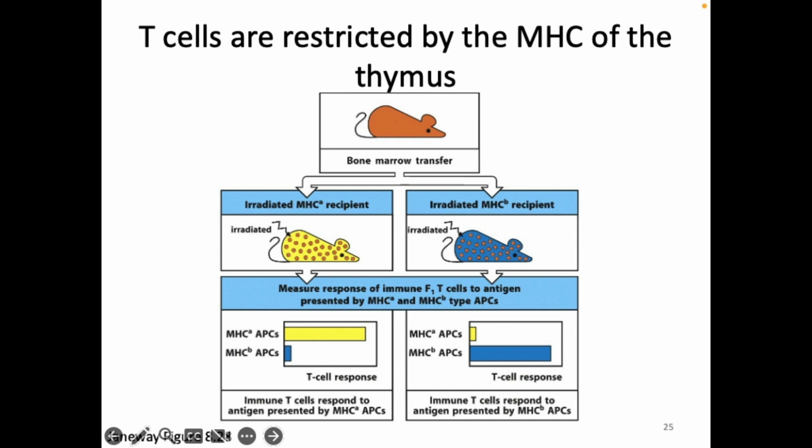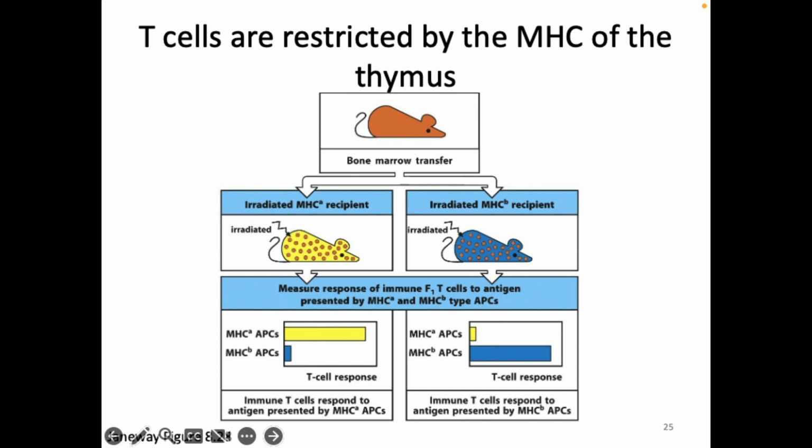If, however, I take that orange bone marrow and put it in the yellow mouse, radiation killed the immune system, but it didn't kill the structure of the thymus. So those orange cells are going to grow up in a yellow thymus, and they're going to say yellow is self.